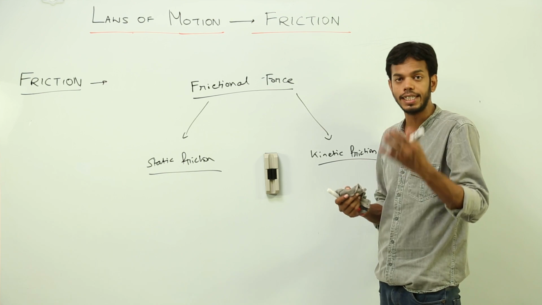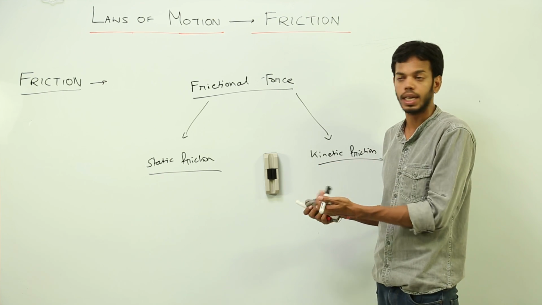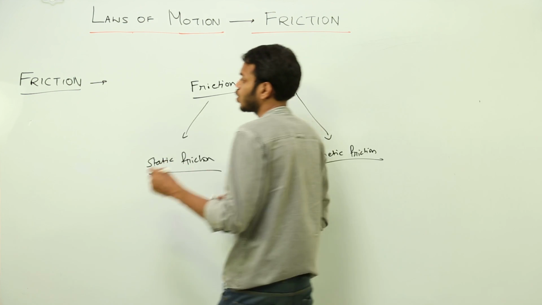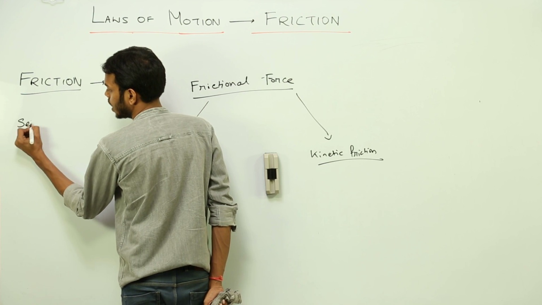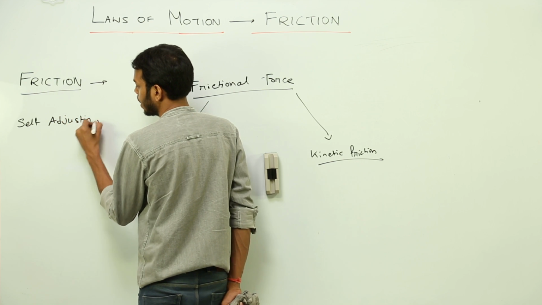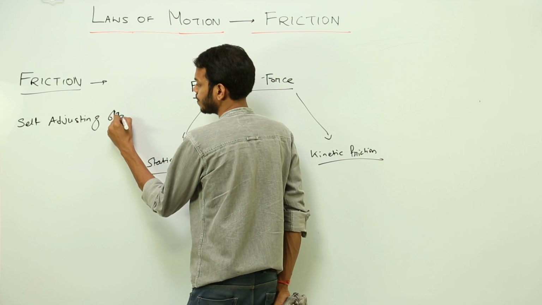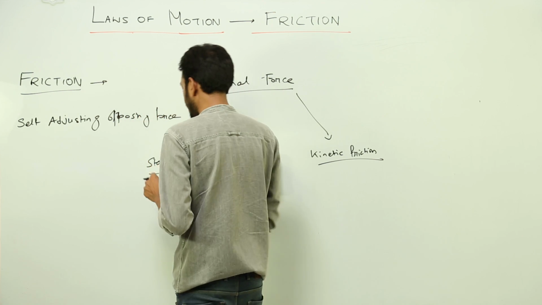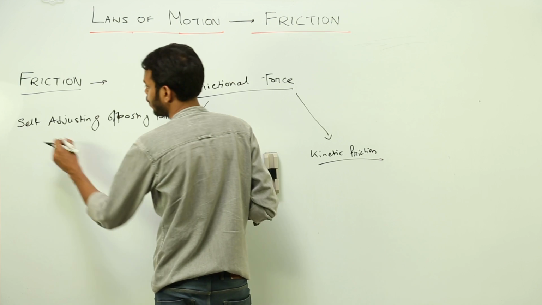That is, it is trying to move, but it is not moving. There is a statement given for frictional force: friction is a self-adjusting opposing force. This statement is very well valid for the frictional force.